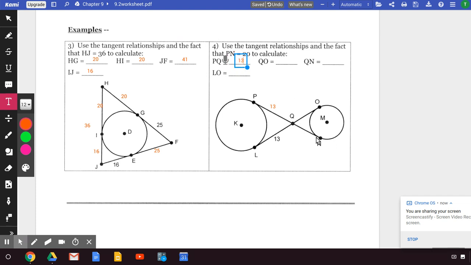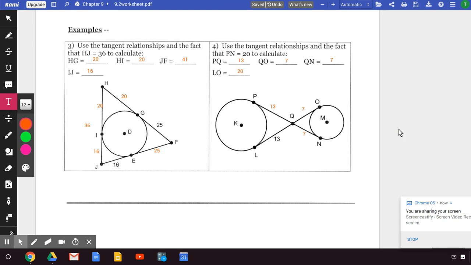And since PN is 20, if I subtract 13 from that, I know that QN is 7, and that means QO also has to be 7. And LO would be 20 as well.